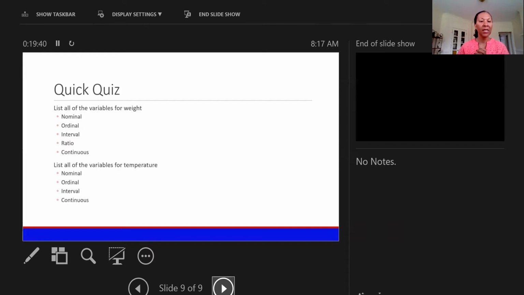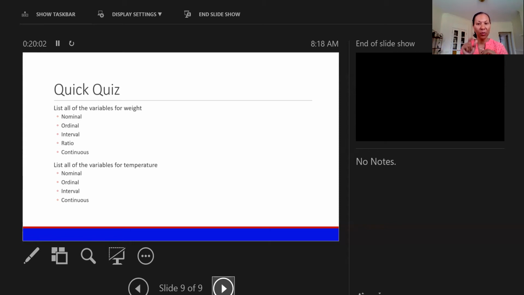All right. So what about temperature? Temperature is nominal, it's ordinal, it's interval, and it's continuous. We can label temperature as Fahrenheit or Celsius. It's ordered because, again, one degree, 2 degrees, so on and so forth.